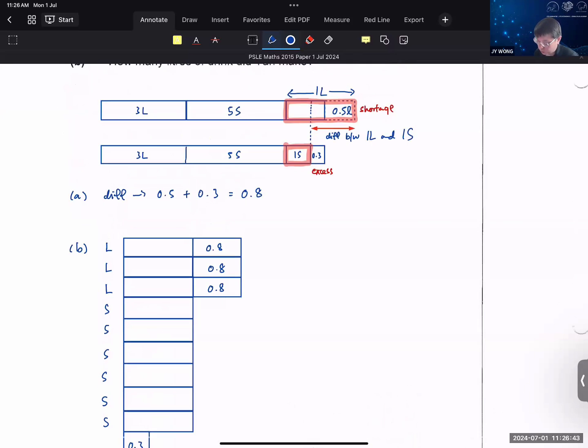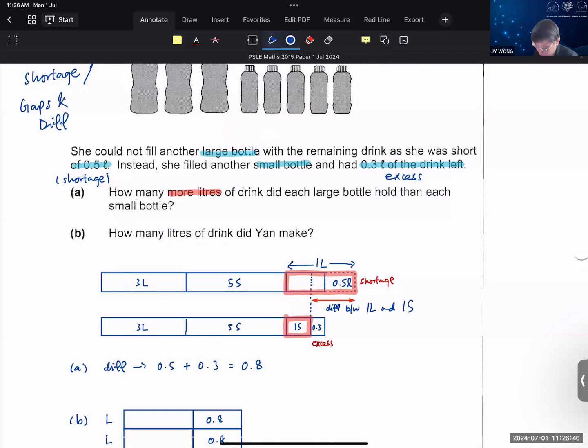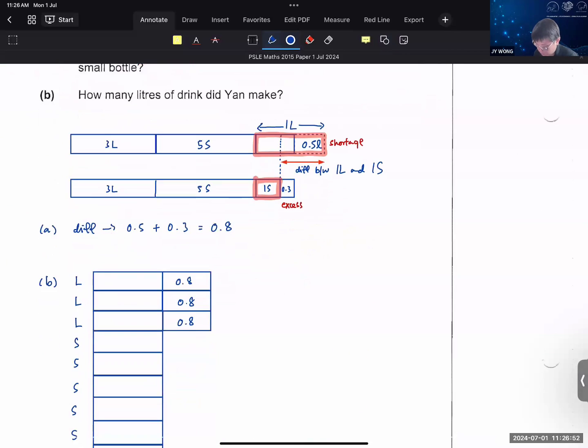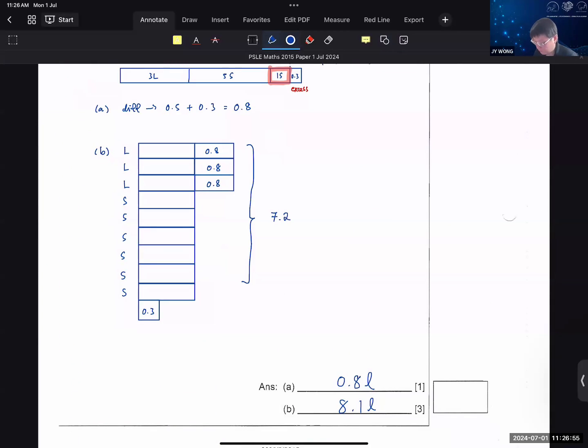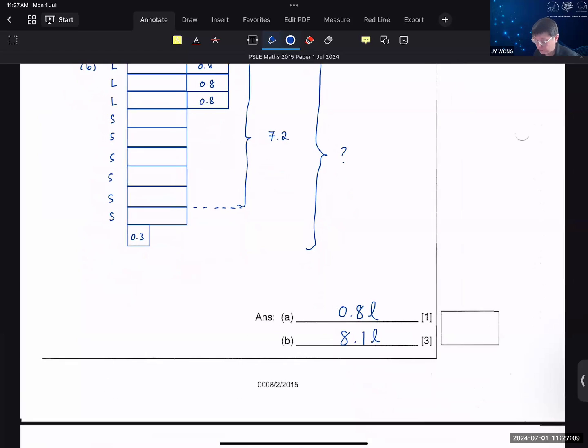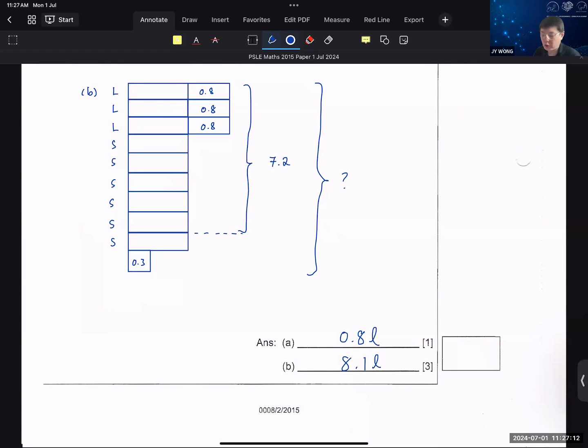Then from here, what does the first part of the question say? She filled 3 large and 5 small with 7.2 liters. The question wants you to find the total. But from here, you can find 1 large, you can find 1 small, up to you. So 0.8, I multiply by 3 to give me 2.4. I take the 7.2 minus 2.4.